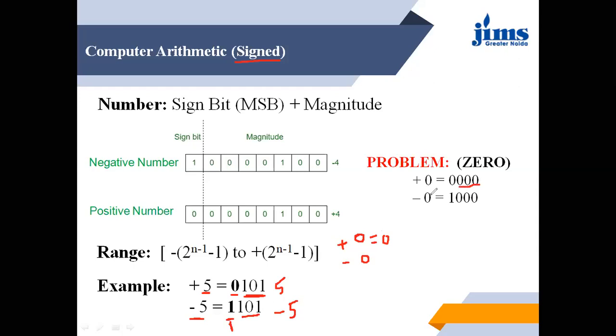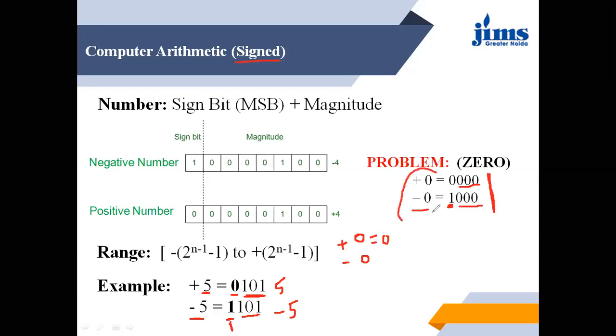In case of minus 0, the first bit represents that this is a minus number and the rest represents 0. So the problem is that there are two representations of 0.